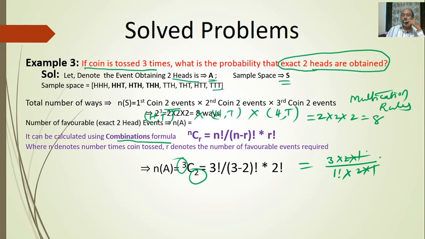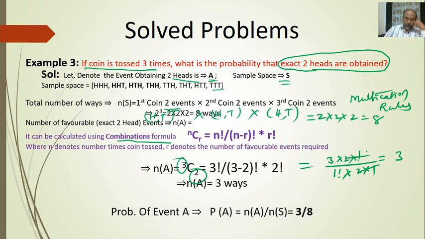So we will be left over with 3. So n of A is equal to 3 ways. Okay. Then we calculate the probability. So this is the way of finding the combinations. Ways means combinations.